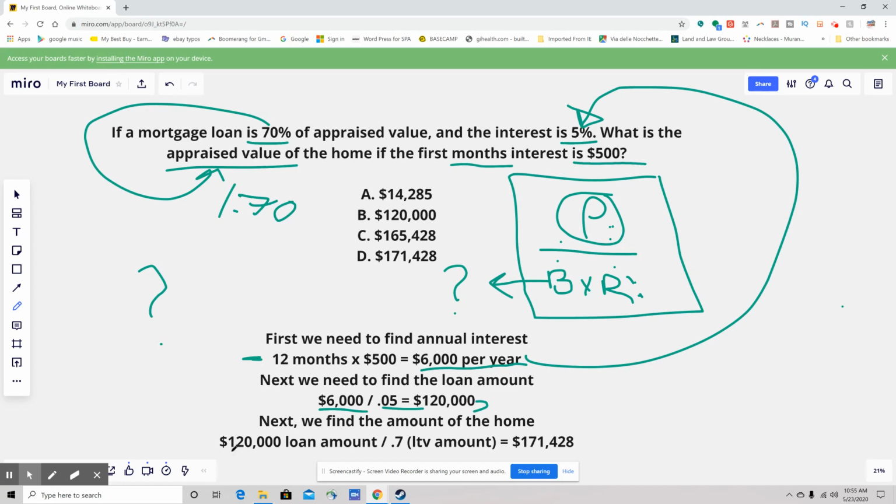So here we go. We take the loan amount, which is the part, that's the slice of the pie, and we divide it by the rate at which they took the slice, and we come up with the whole, which is the base. And that, my friends, would give you the answer of D.